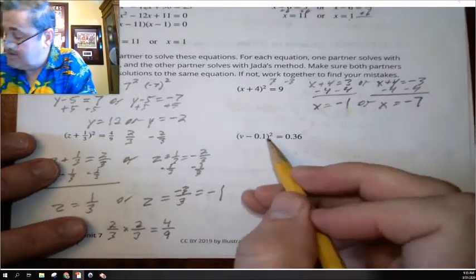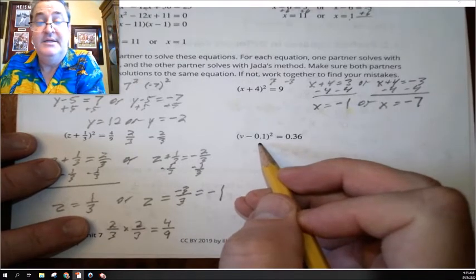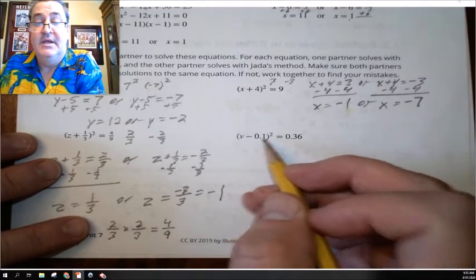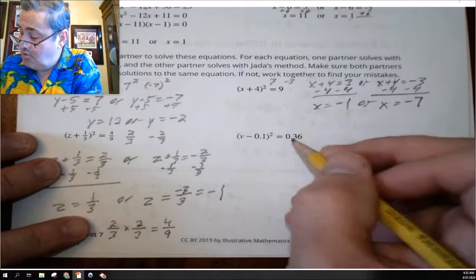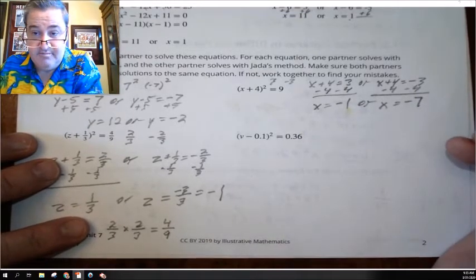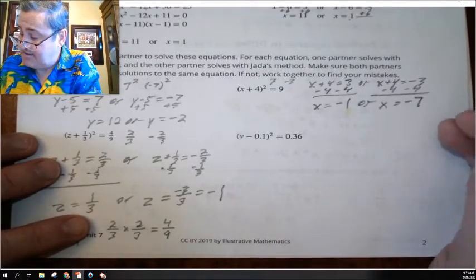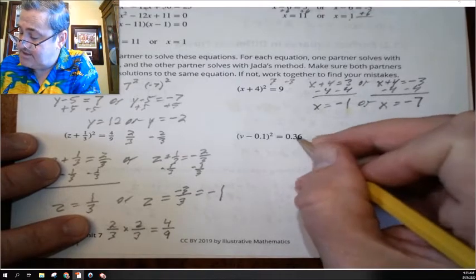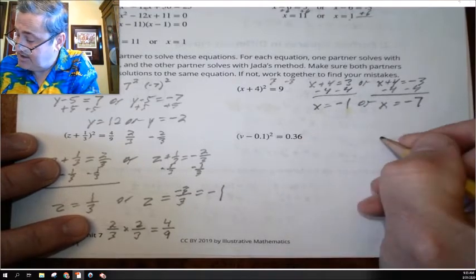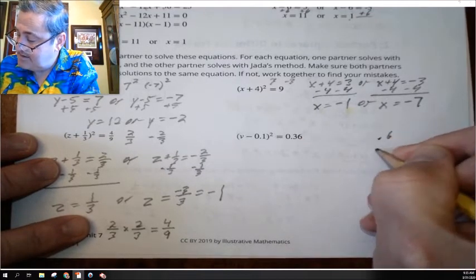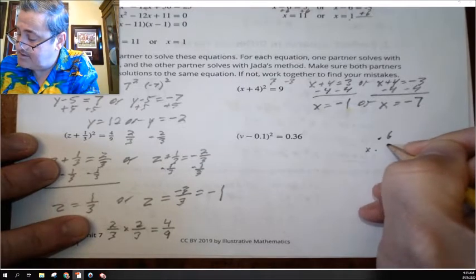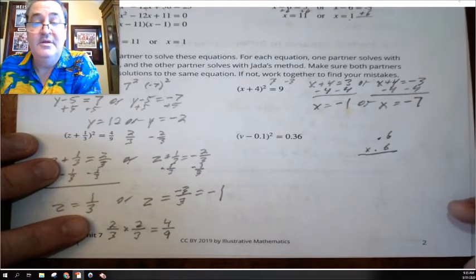V minus 0.1 squared equals 0.36. So what number would multiply by itself to be 0.36? Well, we know 6 times 6 is 36. So let's see, does 0.6 times 0.6 equal 0.36?